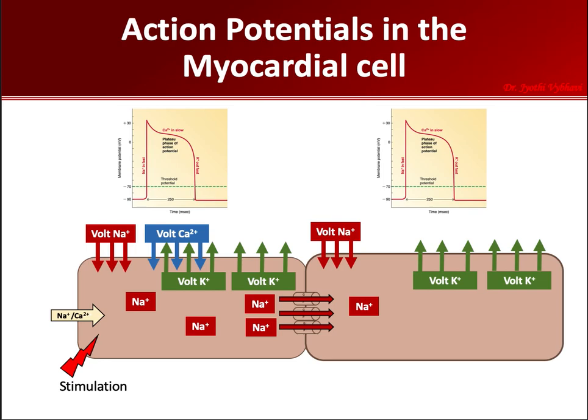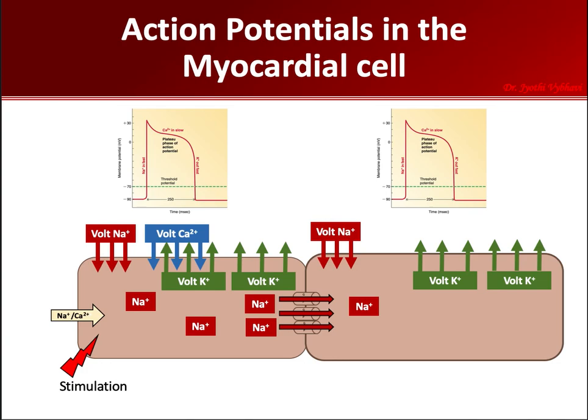For example, if the SA node is stimulated, the cardiac cells stimulated by the SA node, the atrial cells, the entire atria is connected with each other, and the atria acts as a syncytium. The entire atrium depolarizes. So this is what happens when you think about the electrical activity of the whole heart.